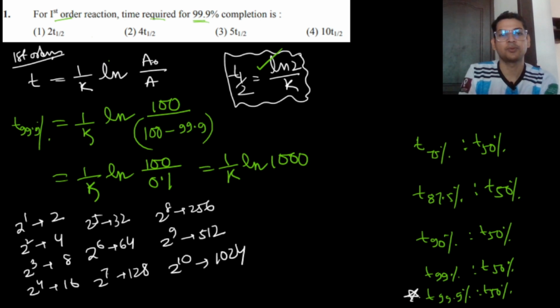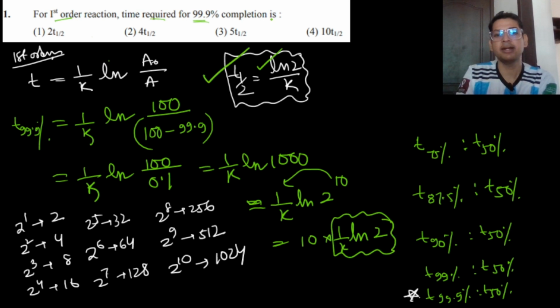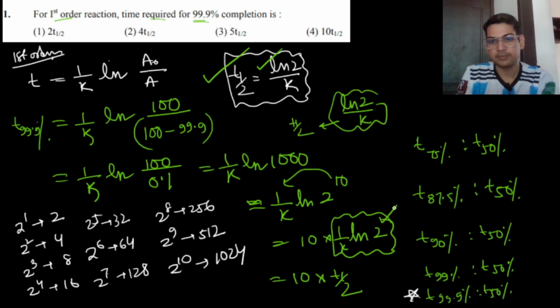So this 1000, can I write it near about 1 by K ln 2 to the power 10? Definitely sir, you can write, but it's near about. Then this 10 can I take outside? Yes sir, 10 into 1 by K ln 2, and that ln 2 by K is nothing but T half. So in place of this I am writing T half.